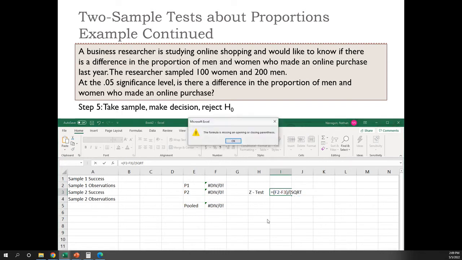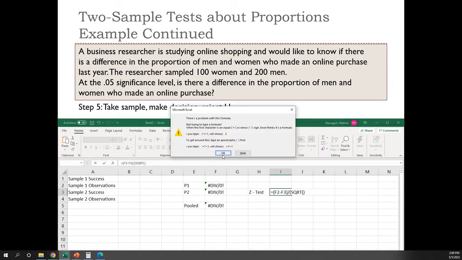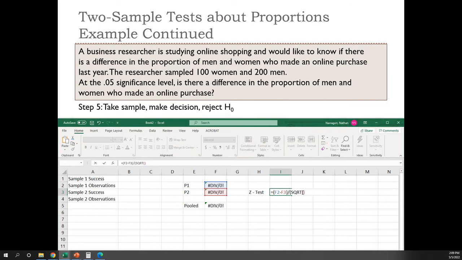It's going to hate me for right now, that's fine. I'm just going to do square root of 1. Alright, so we're going to make this a little bit simpler with the square root because it is a lot of information.